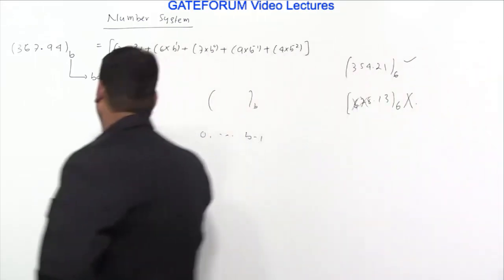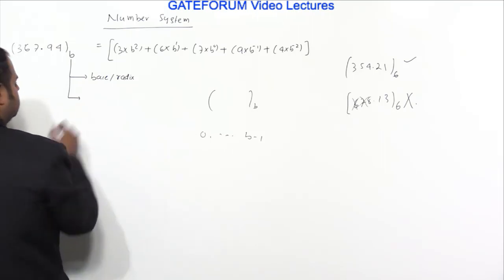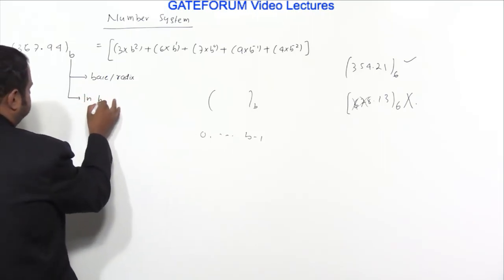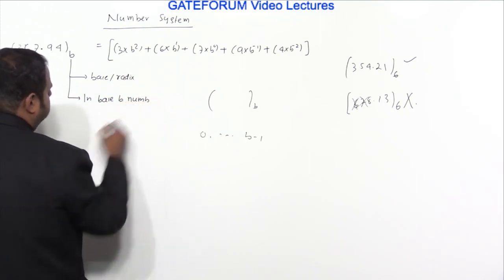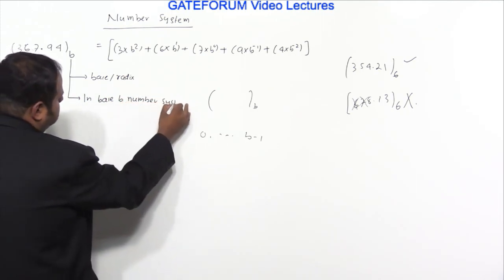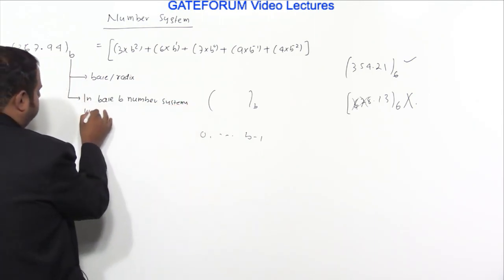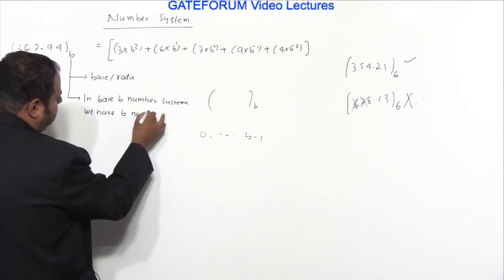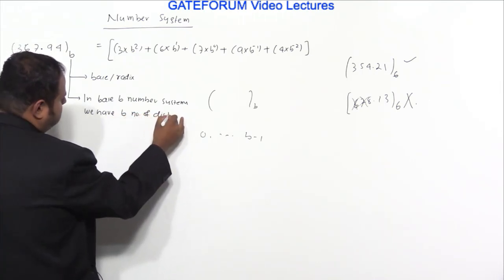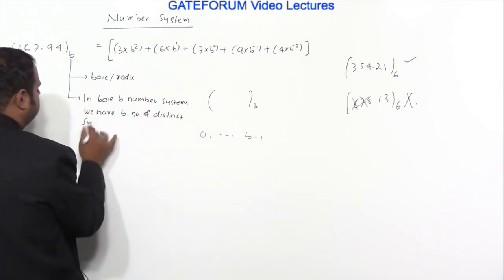So base or radix, what does this tell? The first thing: in a base B number system, we have B number of distinct symbols.